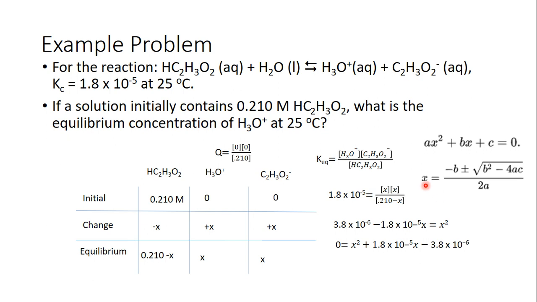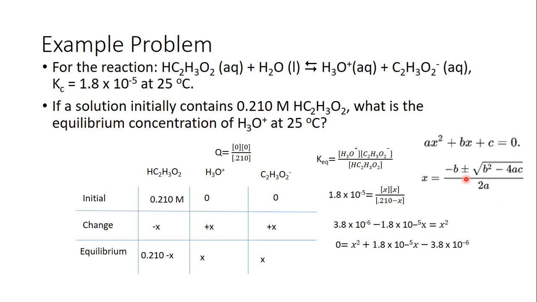To solve, you get X equals negative B, where B is the coefficient that goes with the X term, plus or minus the square root of B squared minus 4 times A, where A is the coefficient with X squared, so here it's 1, times C, all divided by 2A.